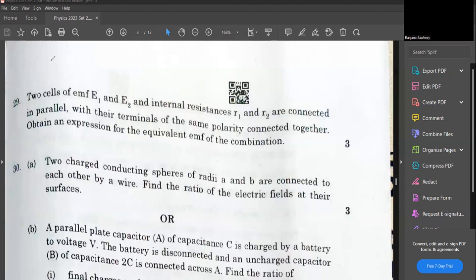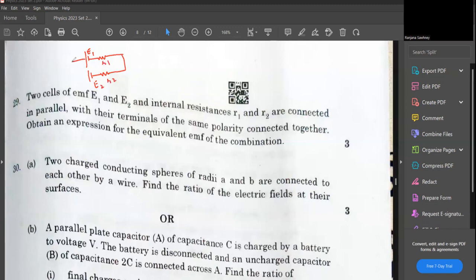Next question, question number 29. Two cells of EMF E1, E2 and internal resistances R1, R2 are connected in parallel. Let these be the two cells R1, R2, and the current from the first cell be I1, from the second cell I2.